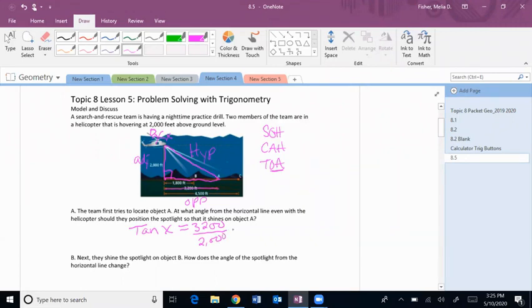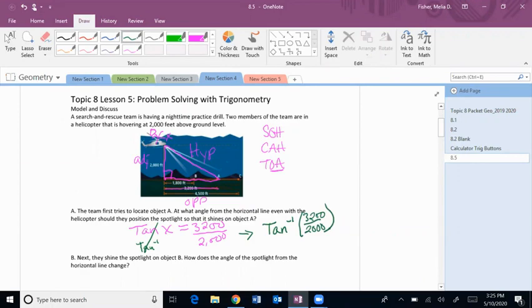Now remember, in order to solve, we would take the inverse tangent of both sides. And that leaves us with x equals the inverse tangent of 3,200 over 2,000.